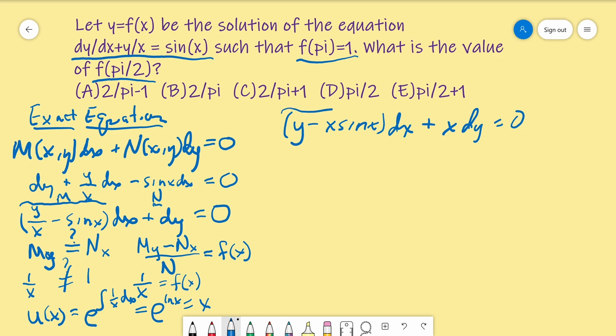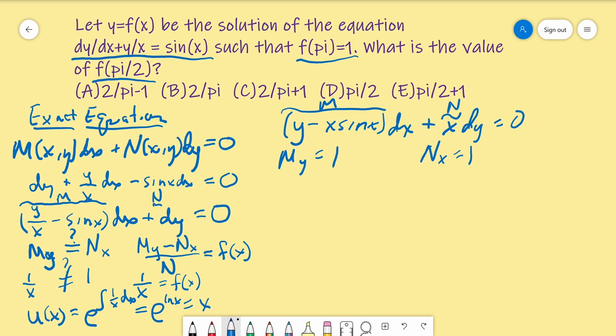Now, this is our new M, and this is our new N, and then the derivative of M with respect to y is going to be 1, and the derivative of N with respect to x is going to be 1.